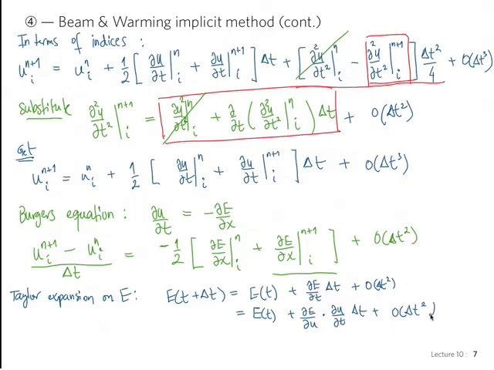And in terms of indices, this indicates that E at n plus 1 is equal to E at n plus dE/du, which is the Jacobian, and we have du/dt, so (u at n plus 1 minus u at n) divided by delta t, all multiplied by delta t, plus order delta t squared.